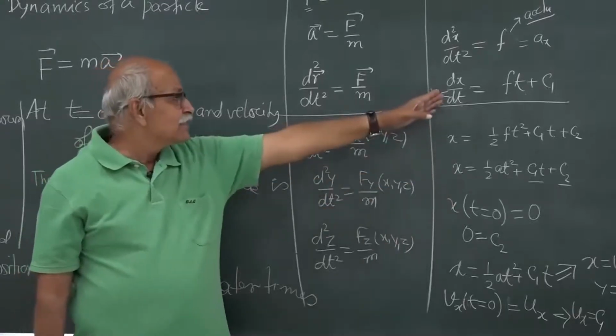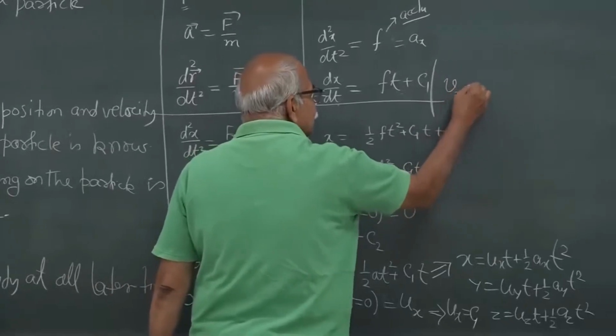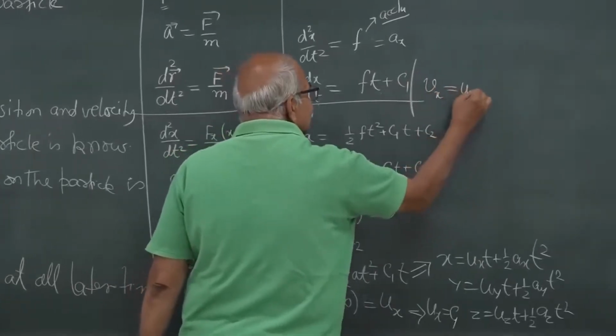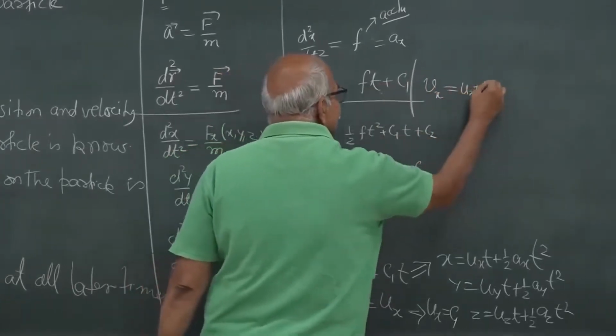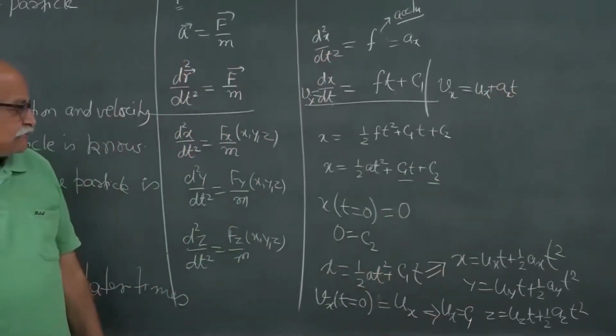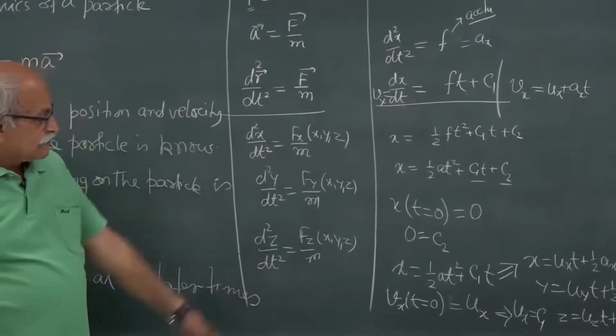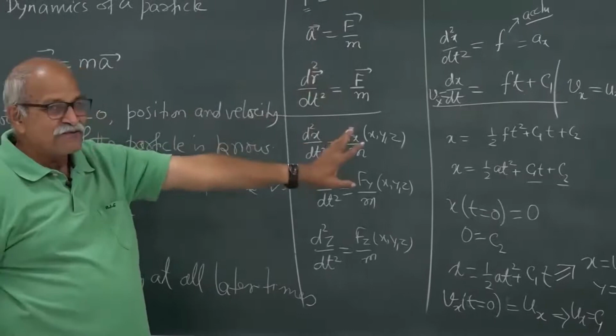So Vx is equal to c1 is ux and this is ax. So, all those equations that you learned in the first chapter of your high school book in mechanics can all be found from here.